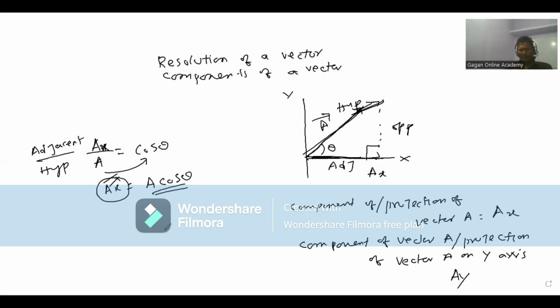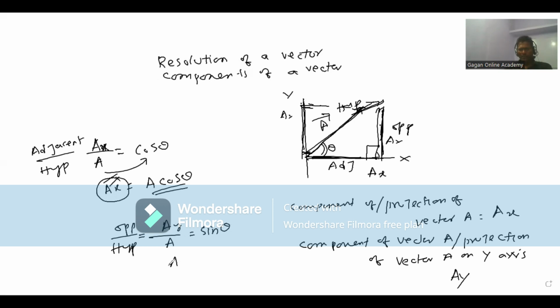In similar manner, if I take Ay, this is equal to this perpendicular line, because length of this one and length of this one are the same. Ay will be opposite side, so I am taking Ay by A. Ay is opposite side and A is hypotenuse. Opposite side by hypotenuse is the definition of sin theta.